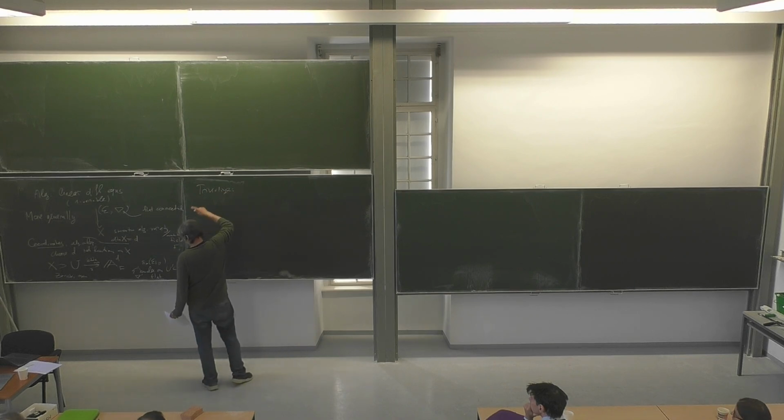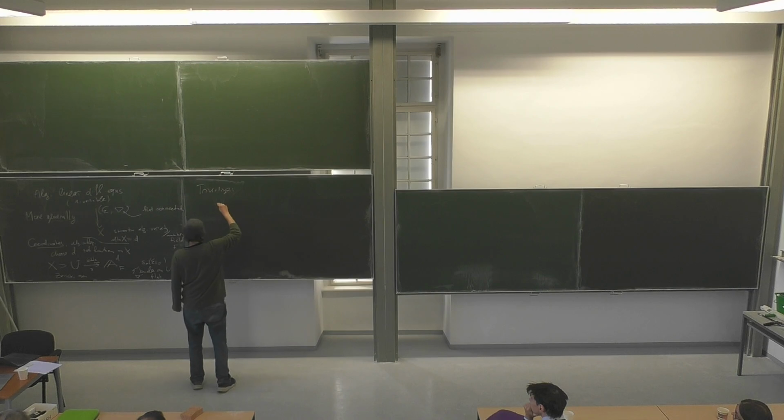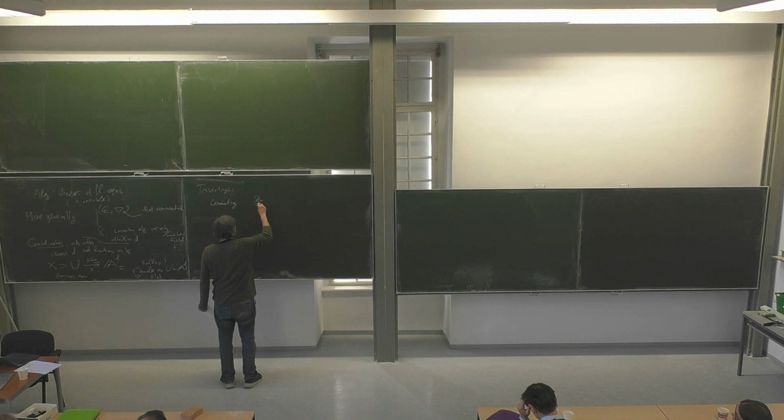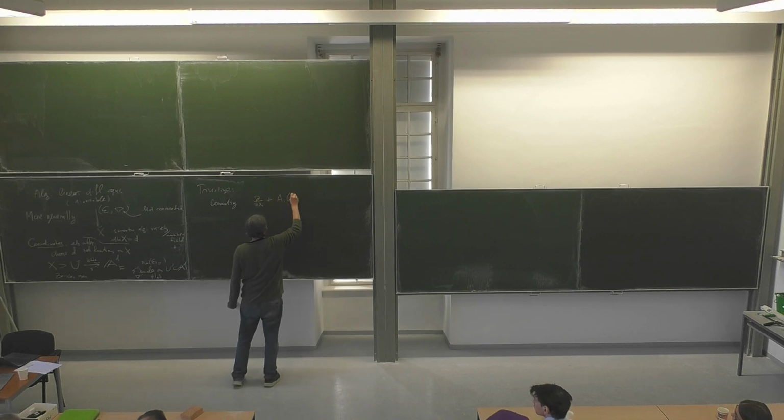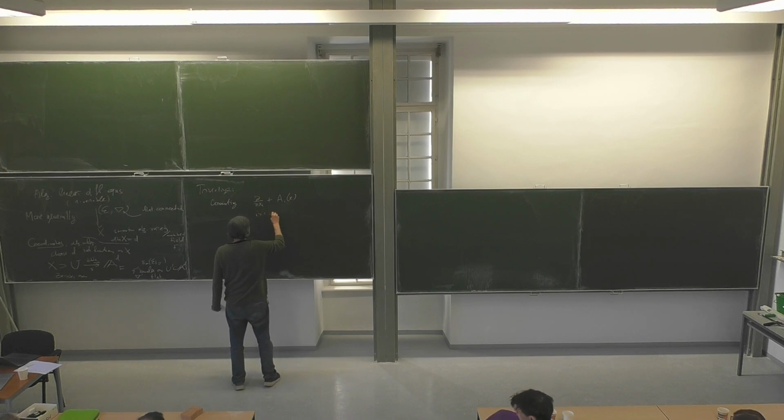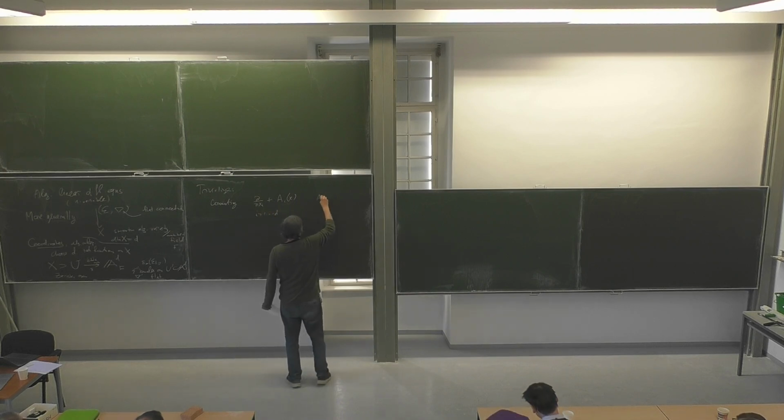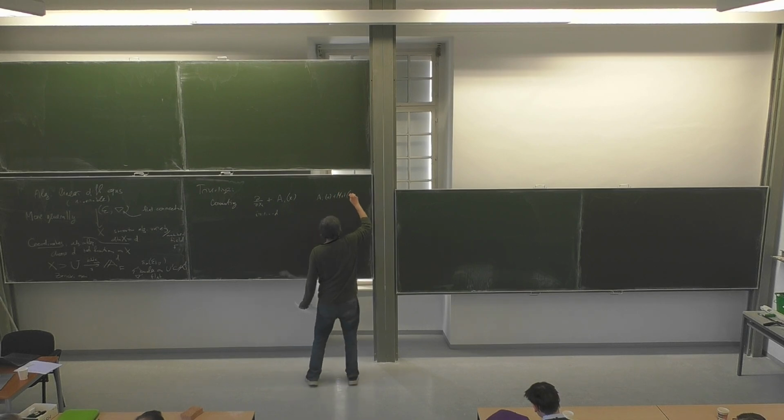Trivialized bundle, again using rational functions, and we get commuting operators, where the A_i are matrices of some size with coefficients in rational functions of n variables.